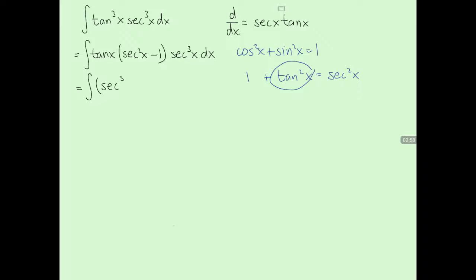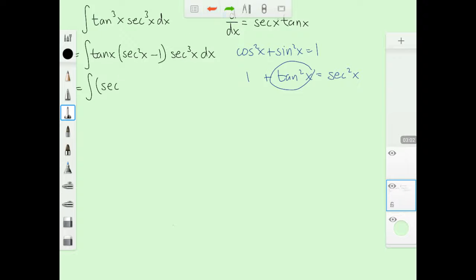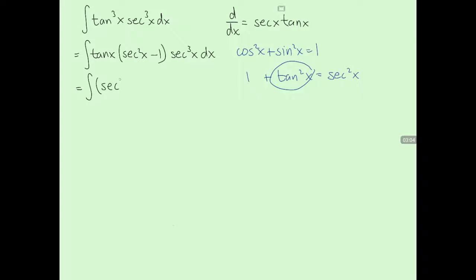We only want to multiply secant squared x into here, so we're going to get secant x to the 4th minus secant x squared, and on the outside we are going to multiply it by secant x. We're also going to multiply it by this initial tan x, and our integral is with respect to x.